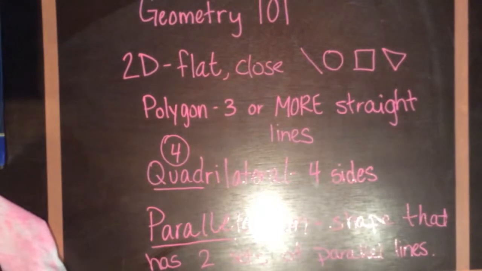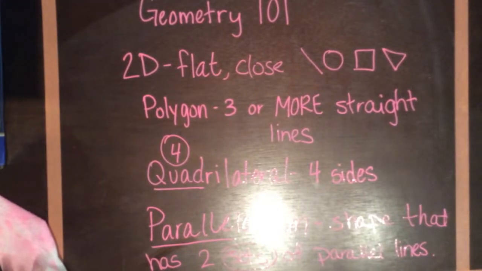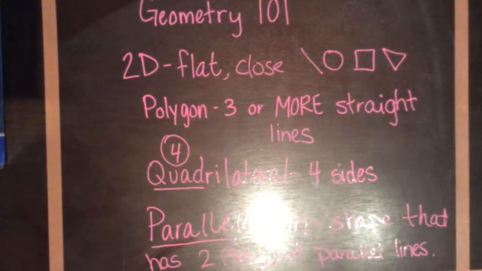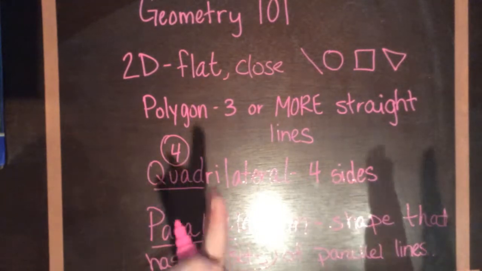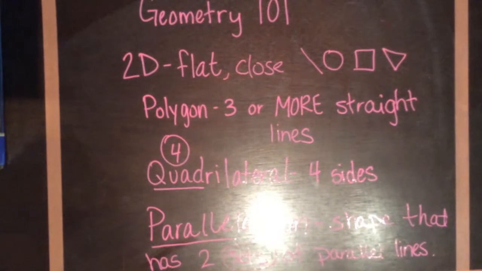Okay, and we are also telling our students that sets can also mean pair. We have a pair of socks, which means 2. So 2 lines that are never touching each other are one set of parallel lines.